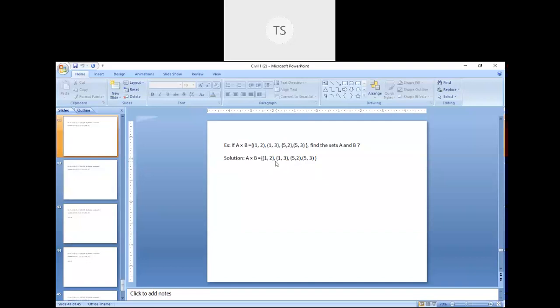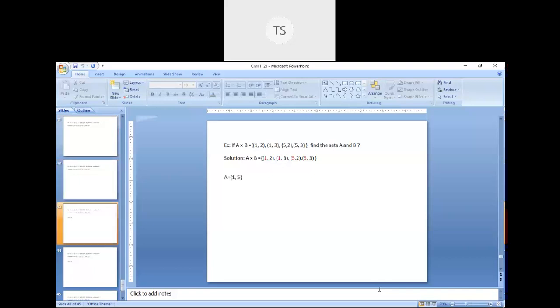So, both the elements have the same first element 1. So, I will choose only 1. And what will be the second element? Second element of the ordered pair is from the second set. So, 2 and 3.